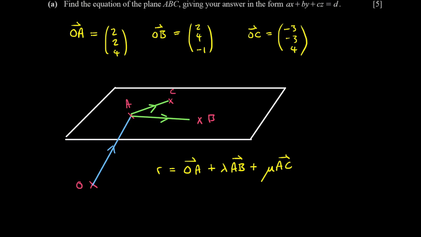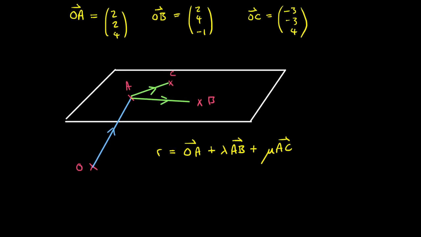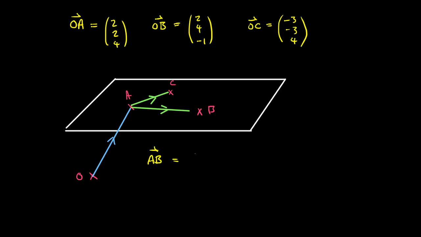So we need to find AB. AB is going to be OB minus OA. So I'm just going to compute that quickly. I will get 2 minus 2, which is 0, and then 4 minus 2, which is 2, and negative 1 minus 4 is negative 5.